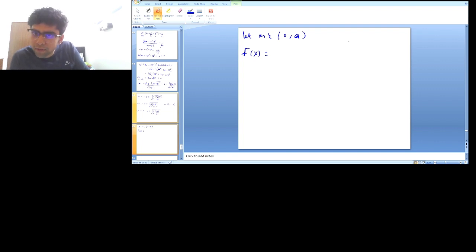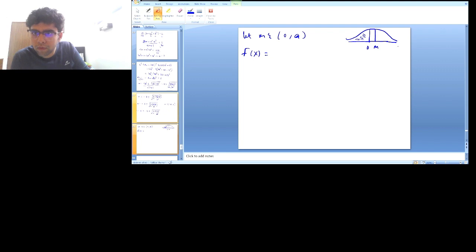Because if m lies between 0 and a, and the area on the left hand side of m is half, then the CDF of m should give me an area equal to half, and I need to include this area also, right?